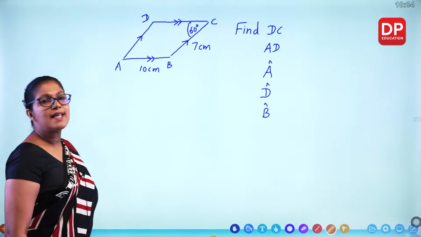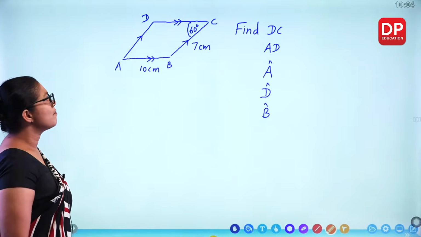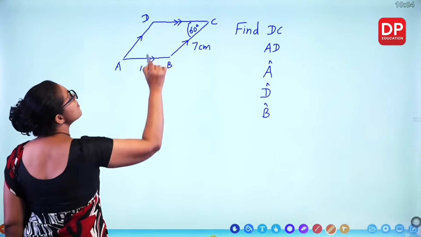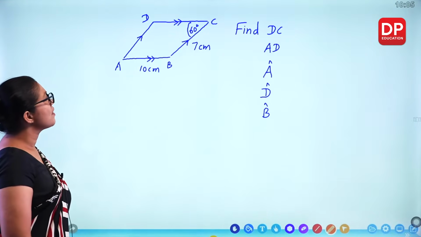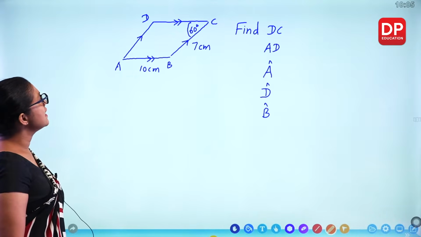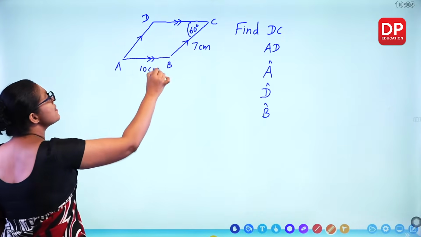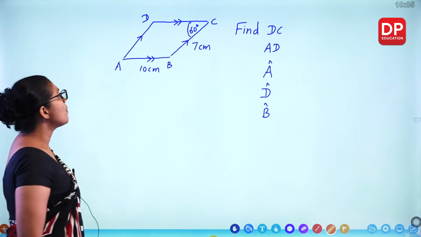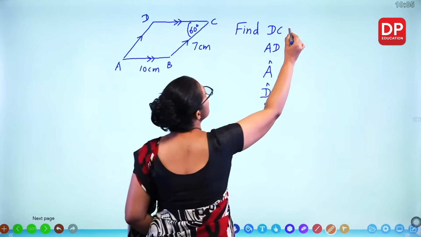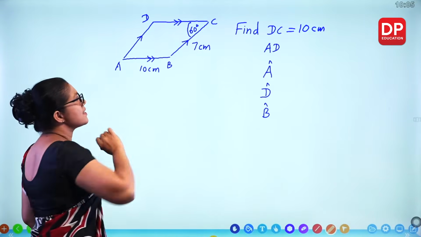Now we'll take this example. You are given a parallelogram. Why? It says opposite sides are parallel. So that's a parallelogram. Find DC. DC is the opposite side to AB. Opposite sides are equal in a parallelogram. Straight away I can write this is 10 centimeters.